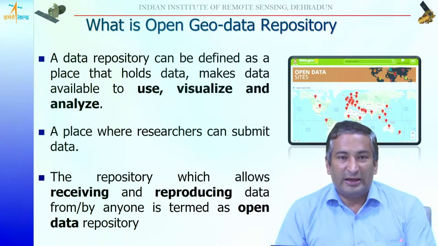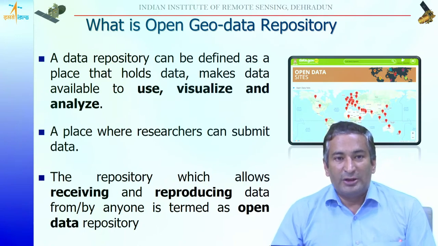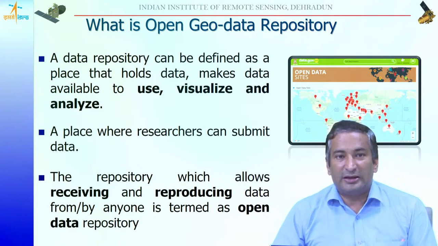So there are three key terms used in a data repository. We should be able to use it, we should be able to visualize the data online itself, and we should also be able to analyze the data set. So there should be some mechanism wherein without downloading the data I can analyze the data on the fly itself. These are the basic features of a data repository.